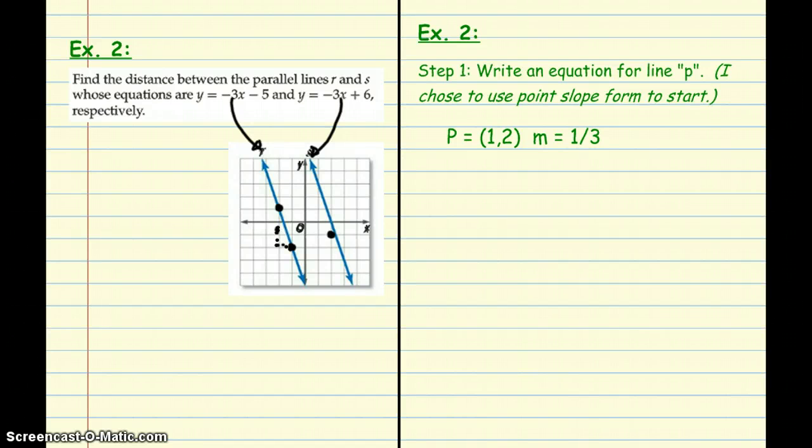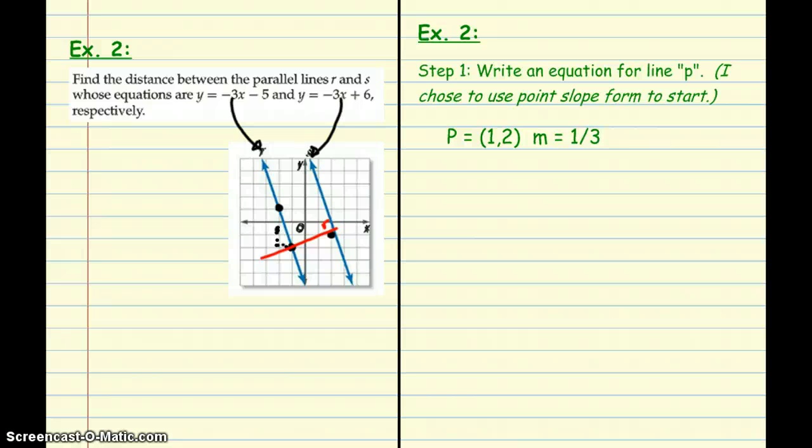Down 3, right 1. So I go over 3, over 1, 2, 3, up 1. And so by doing that, what I've done is found 2 points where I can make this perpendicular. So from here, we're going to end up finding the distance between these two parallel lines, very similar to what we just did in our first example.